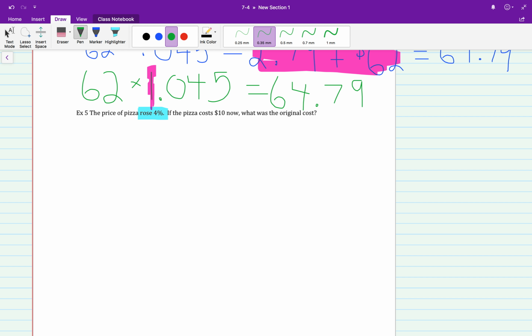So I'm going to say that $10 is the original cost plus the 4% increase, because the $10 is after the fact, not before. I'm looking for the original cost. This 1 is the original cost.